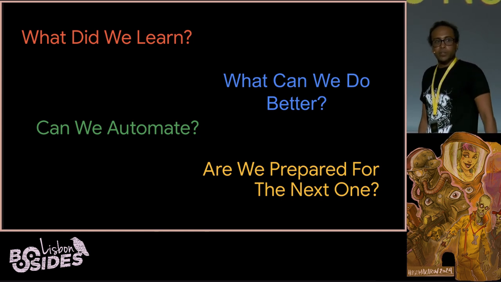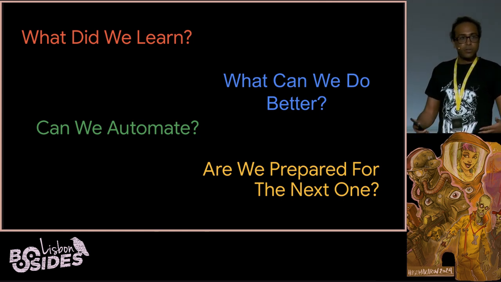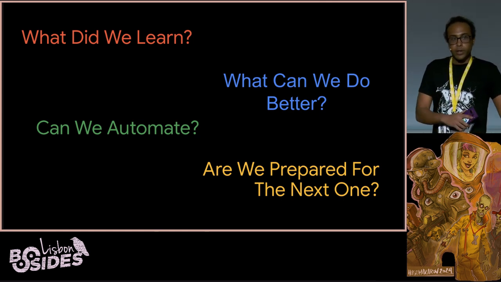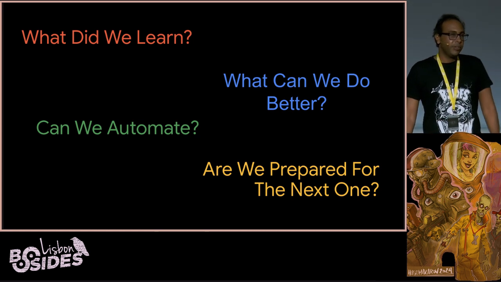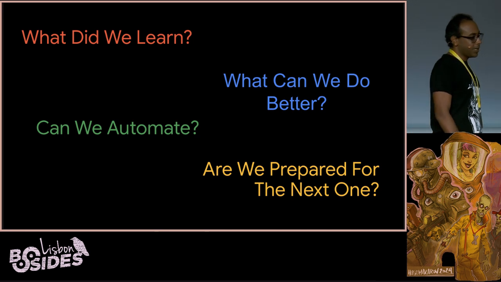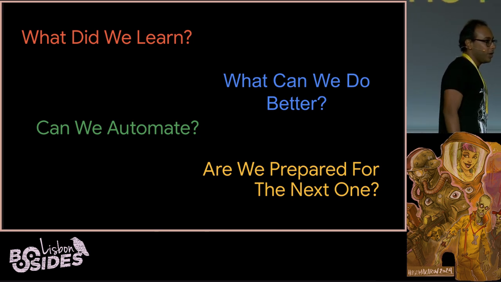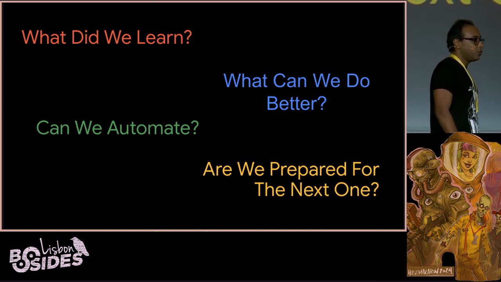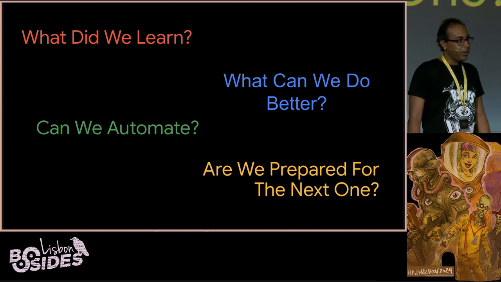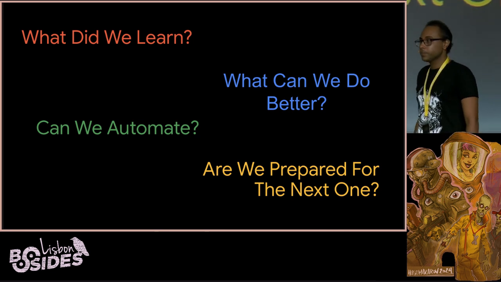So maybe some of this could have been better if we could get to a point where we don't actually have to do things on the fly, and you already know what you're doing, and you just follow a playbook. It's very difficult to get to that point where we can say everything is just on a playbook. But that's one thing we could improve. Can we automate? Definitely. We have a lot of great automations at Google, but there's always a way you can make things a little bit better. Are we prepared for the next one?